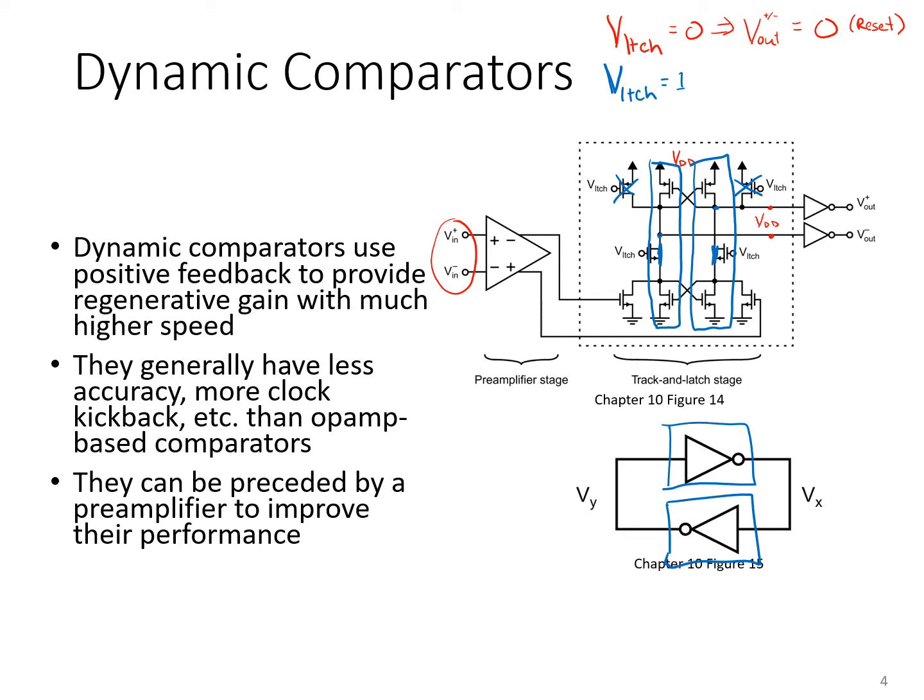Now these intermediate nodes here, Vx and Vy, are also being acted on by the input pair transistors circled here. So these are common source transistors whose gates are connected to an amplified differential input.